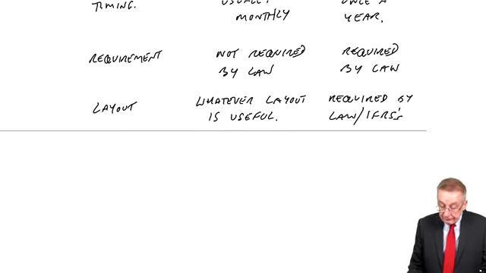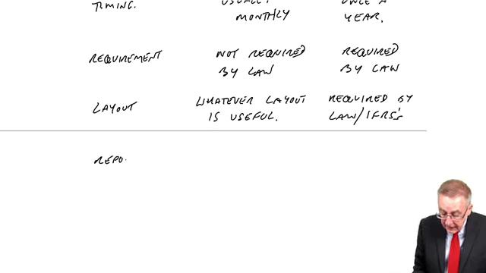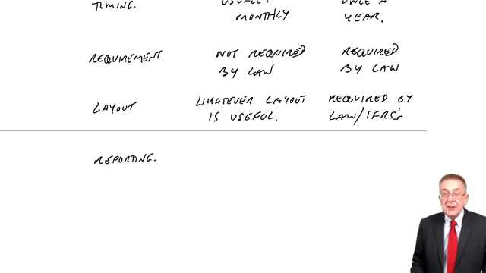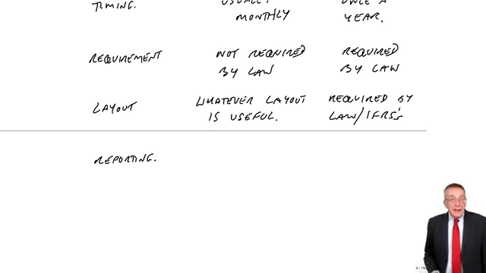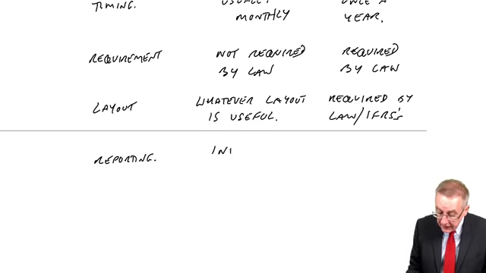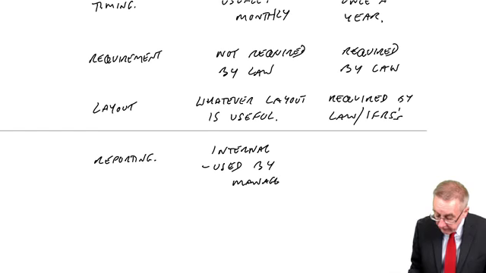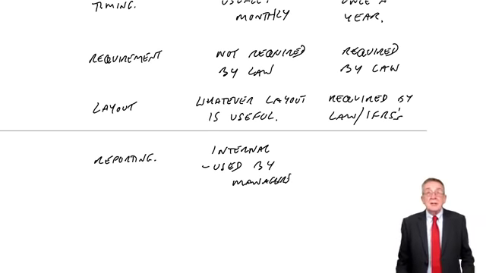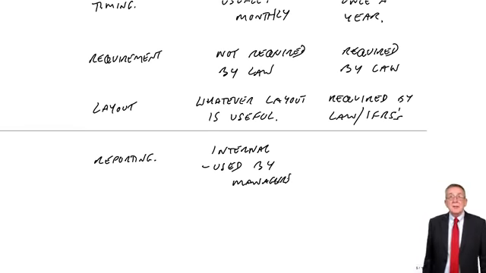And finally, the reporting, who's using these statements? Well, the management accounts are only used internally. They're internal. They're used by the managers. Nobody else can see them. It's nobody else's business.